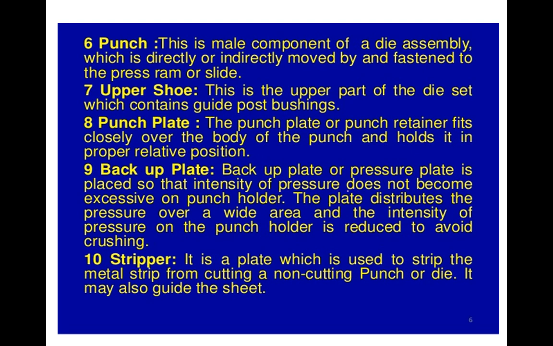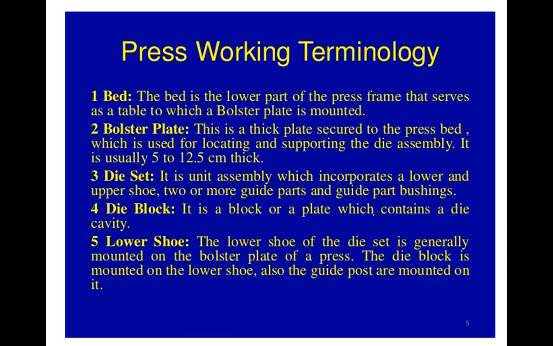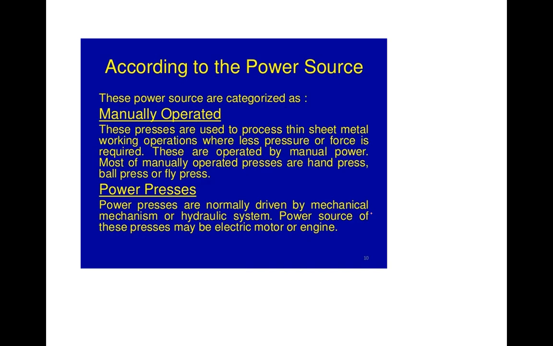So these are the various parts of the press: punch, blank punch, ears punch, upper shoe, lower shoe, punch plate, backup plate, then bed, bolster plate, die set, die block, lower shoe. These are the various parts of the dies.